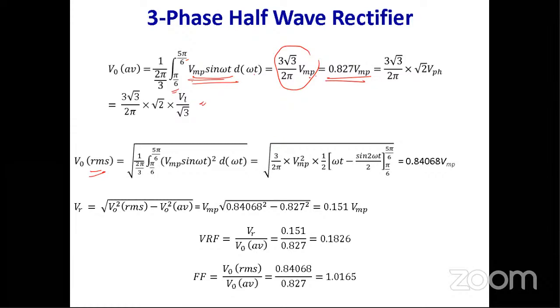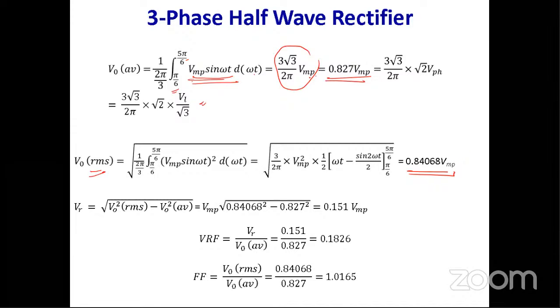I think all of you remember this. So V RMS is the root over the integral from π/6 to 5π/6 of (VMP sin ωt) squared dωt, and this is the limit. Ultimately you get the RMS value of the output voltage, in terms of the maximum value of phase voltage, equal to 0.84068 VMP.